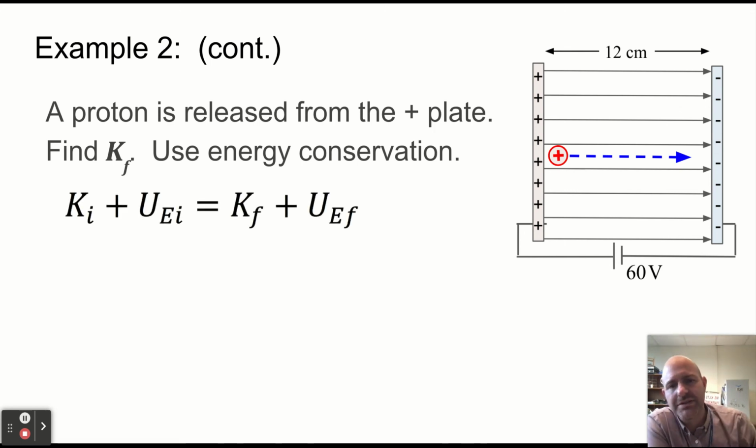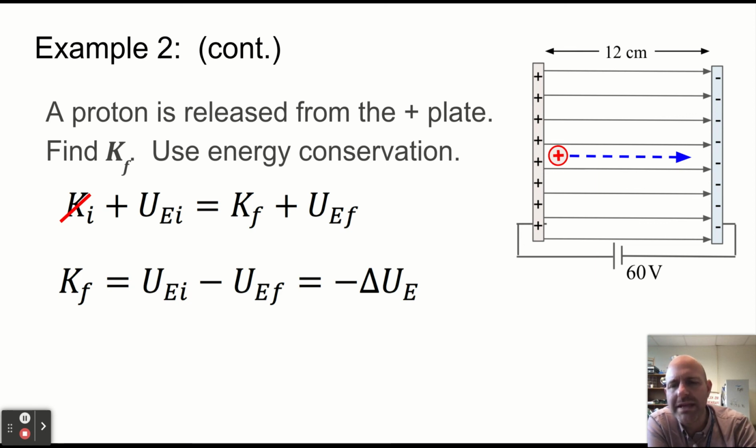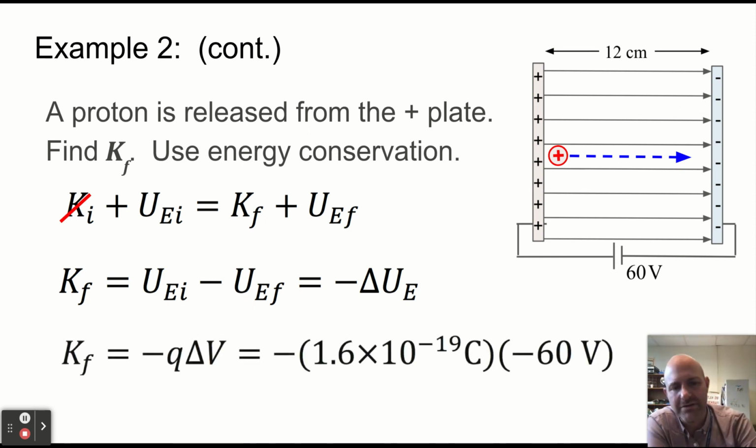So if we do energy conservation, the initial kinetic energy is 0, and we're really interested in the final kinetic energy then being equal to the change in electric potential energy. We've got a negative here, right? Which makes sense. If the electric potential energy goes down, has a negative change, then we would get a positive final kinetic energy, which is good because you can't have a negative kinetic energy.